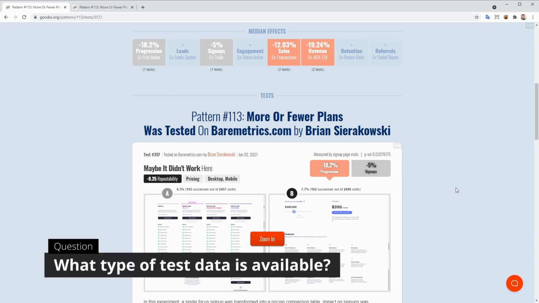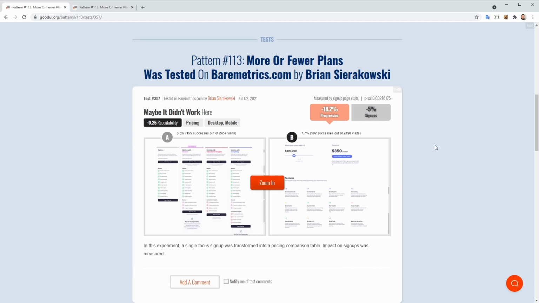Another question is around the actual test. This is also what members can see. Usually, probably 99% of the time, we have data that includes sample size and conversion counts. So here, for example, we have 2 metrics. Here's a progression, a softer metric of someone going one step forward, and then there's a second metric, something more meaningful, further down the funnel, an actual sign up.